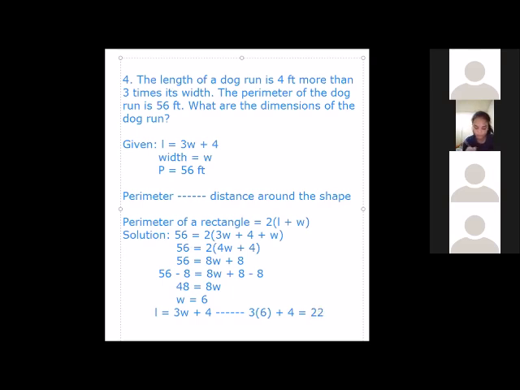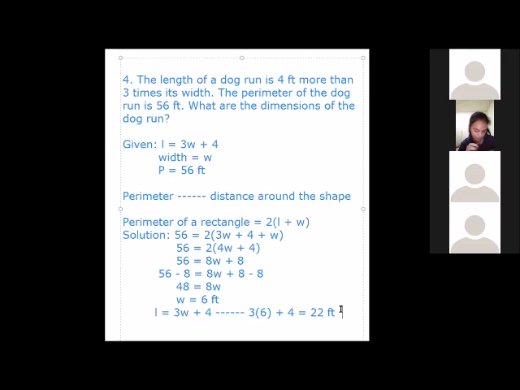One more thing I need you to remember: if we are dealing with word problems, we need to consider the given units. In our final answers, we should have the units. Since we are dealing with feet here, our length is 22 feet and our width is 6 feet.